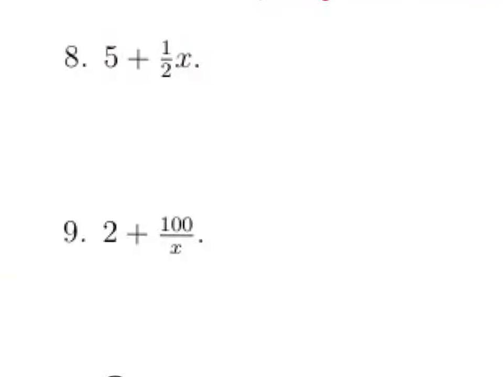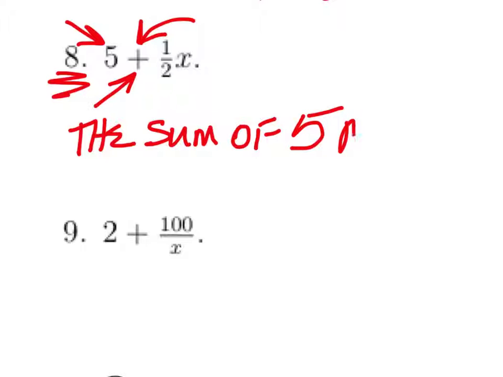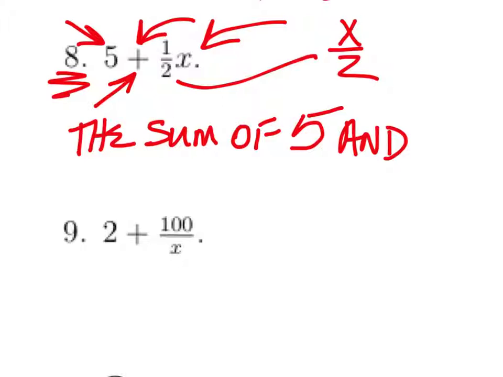Number 8 from the homework, you have a sum, so let's break it up like number 7. The sum of signifies you're going to have this in the middle. The first thing is what comes up on the left, the sum of 5, and signifies you're now on the right side of it. And there's many different ways you could write that. 1/2 is the same as x over 2, or 1/2 x is the same as x over 2.